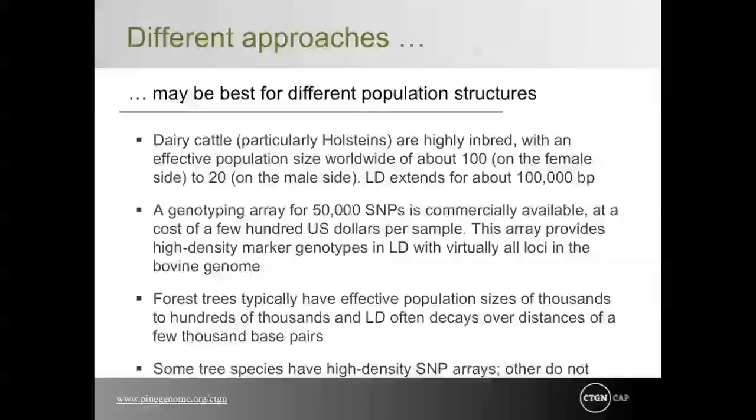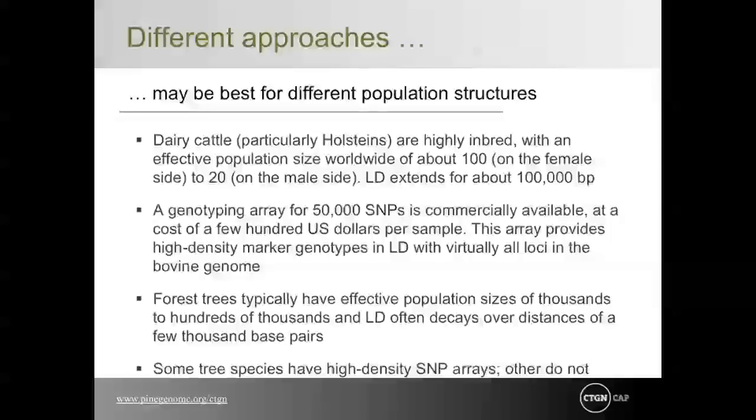Few, if any, forest tree species have undergone similar selective breeding for an equivalent number of generations. For the most part, tree breeding programs are still working with populations that are quite similar to those found in natural stands. While the effective population sizes vary for different species of forest trees, in general they are likely to be larger than those found in domesticated annual crop and livestock species, and linkage disequilibrium is likely to decay over much shorter distances in tree genomes than in genomes of domesticated agricultural species.